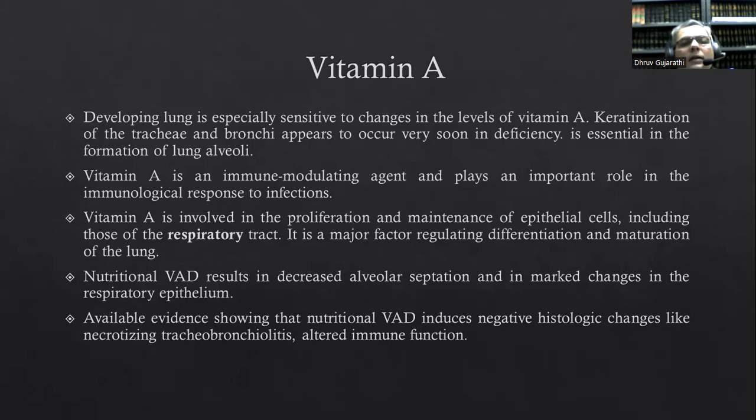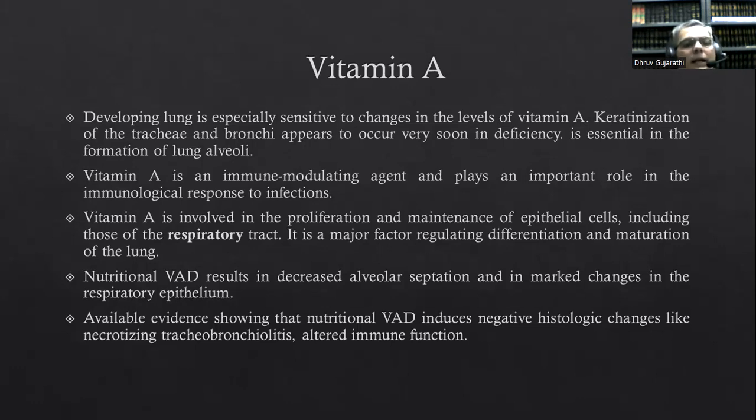Vitamin A is an immune modulating agent and plays an important role in the immunological response to infections. It is involved in proliferation and maintenance of epithelial cells, including those of the respiratory tract, and also the intercellular binding of the cells. It is also responsible for differentiation and maturation of the cells of the lung.